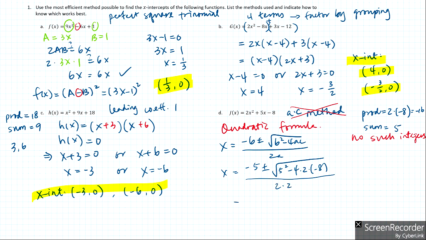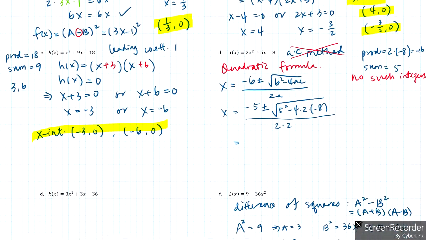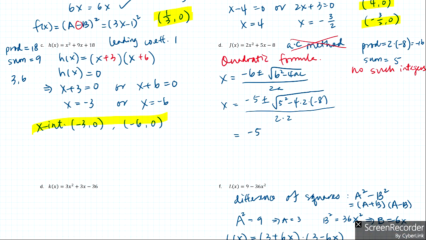And altogether, if we keep simplifying this, we're going to get negative 5 plus or minus, under the square root, 25 plus 64, and this is all over 4.